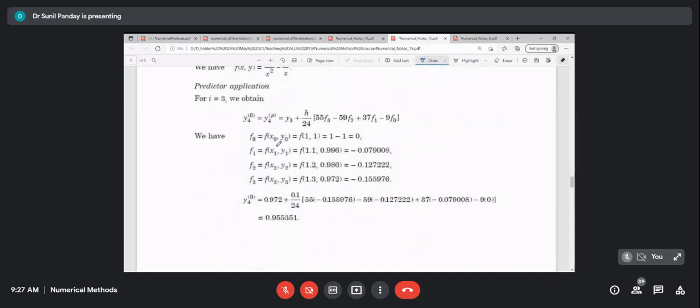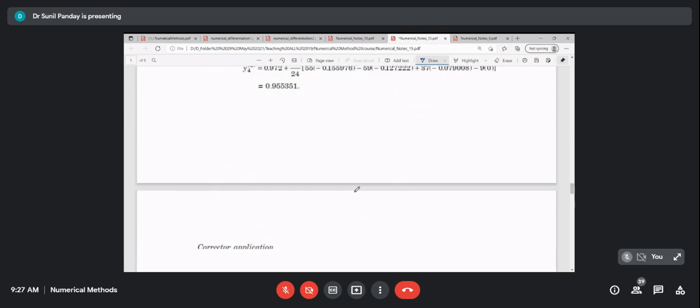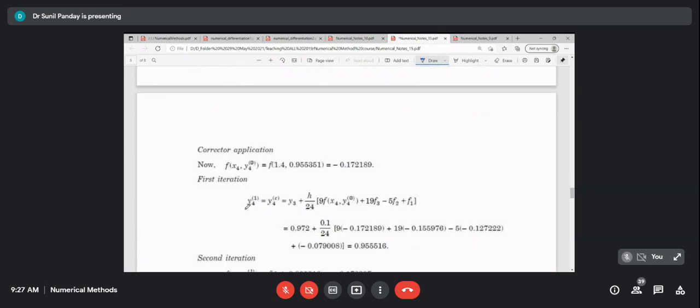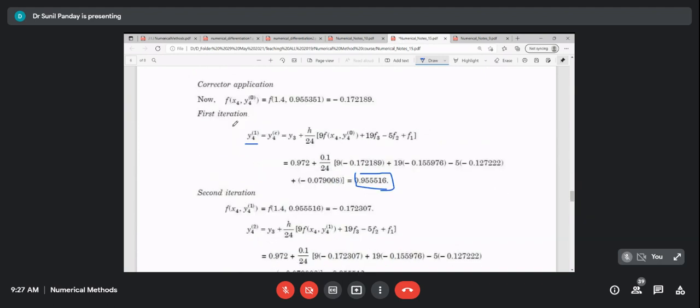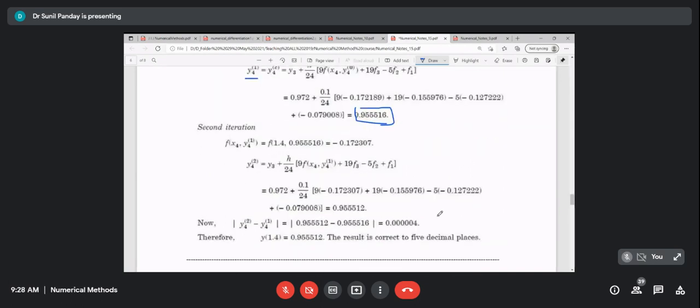First, using the predictor Adams-Bashforth formula, they have calculated y4, and then they have corrected it, and the first corrected value is this one. But to check the desired accuracy of two decimal places, we are again repeating our corrector step, and we are getting the second corrected value of y4.